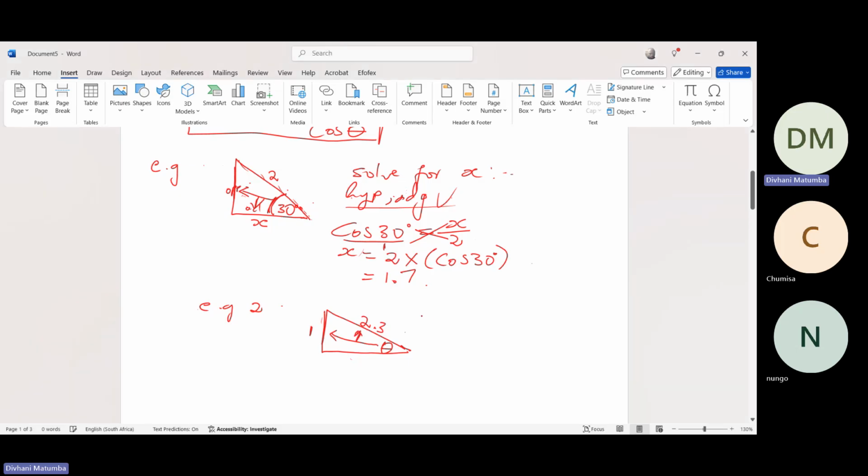So the co-ratio we're gonna use is sine. So you are right. Sine of theta is given by 1/2, right? Because this is opposite over hypotenuse.